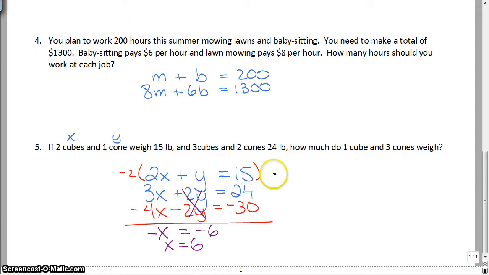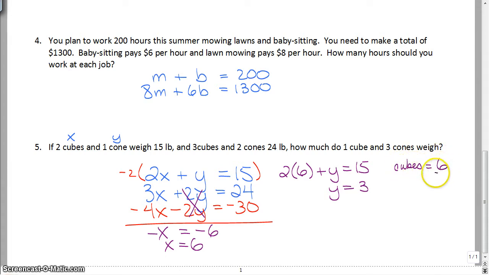Okay, so now we're going to go back to this equation. We have 2 times 6 plus y is equal to 15. So we get y is equal to 3. So we know that cubes weigh 6 pounds, and we know that cones weigh 3 pounds.